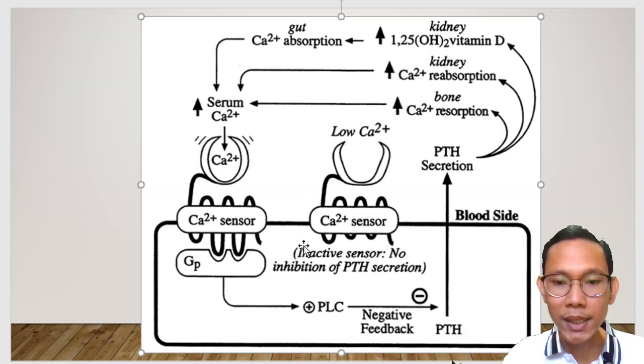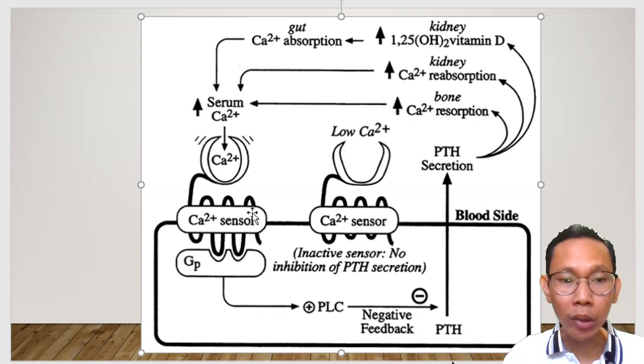An inactive sensor, which is a sensor without calcium, will cause no inhibition of your parathyroid hormone secretion. In short, kasi nga walang calcium na naka-attach dito, ang calcium sensor nagiging inactive. Because of that, it will result in the stimulation of your parathyroid hormone. In short, your parathyroid hormone will be synthesized or secreted to the blood.